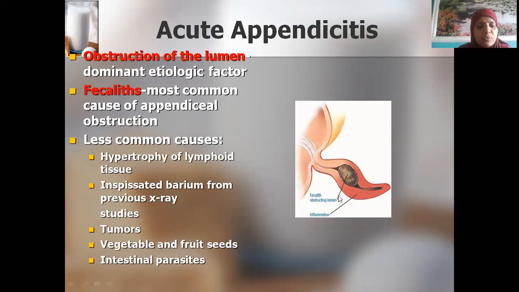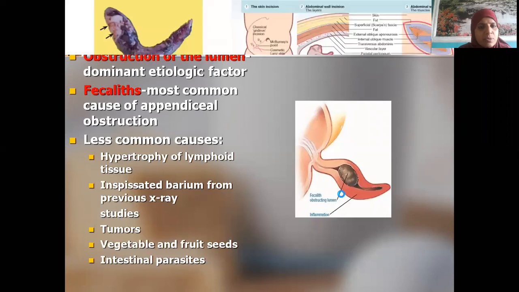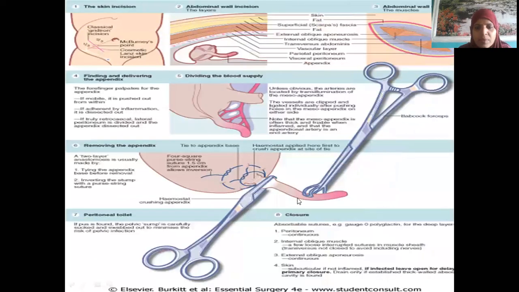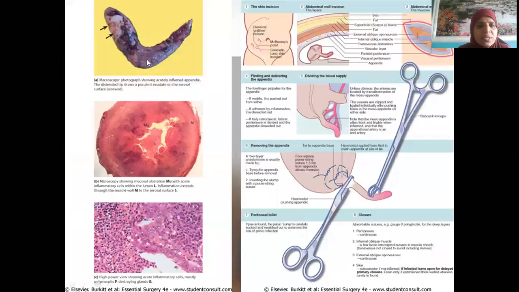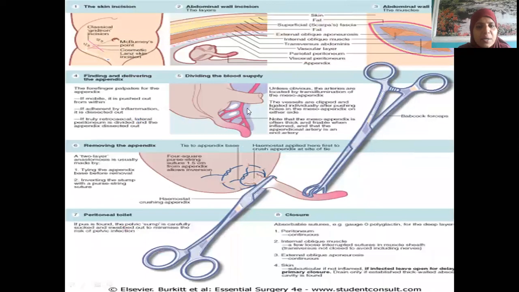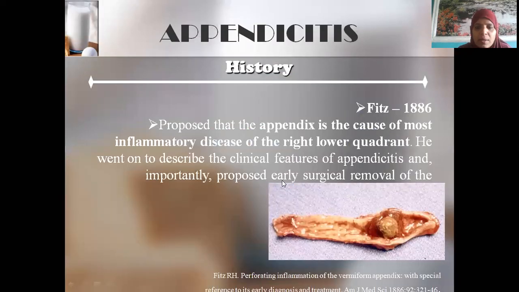Sometimes vegetable or fruit seeds, or parasites, may also obstruct. All these different pictures show how this is identified, how it is held, and how it is cut and removed. This is the fecolith you are finding here.